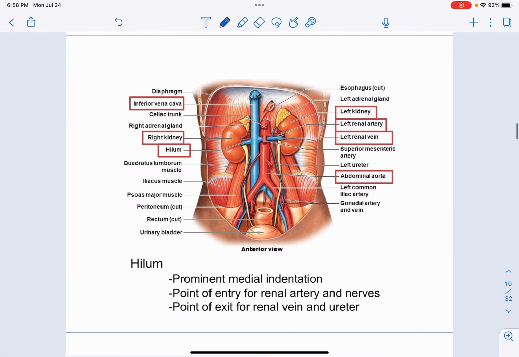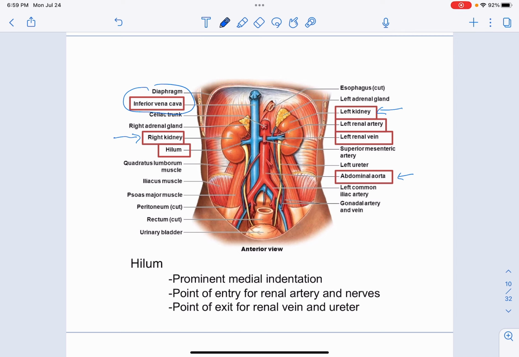So I have 2 pictures. One is a little further away so you can see kind of all of the structures here. So here's that right kidney. Here is the left kidney. You can see how the kidneys are very closely associated with the inferior vena cava as well as the abdominal aorta, because again, a lot of blood is going to flow through these kidneys to filter out all of that waste.